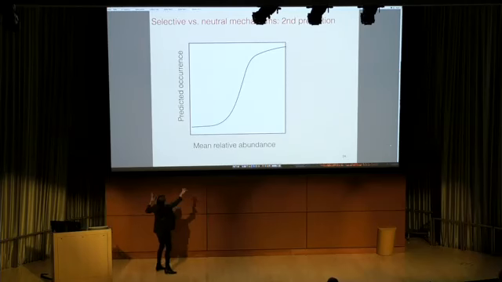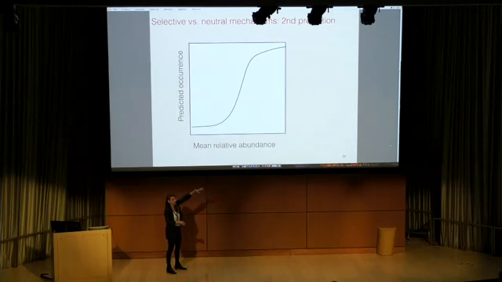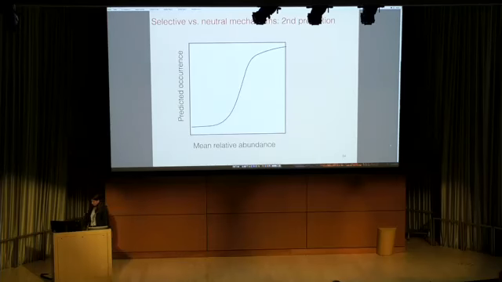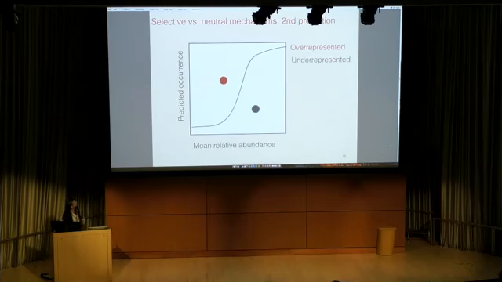Another expectation we might have if we compare neutral versus selective mechanisms is that the mean relative abundance of a microbe, if you have just neutral, will correspond to its predicted occurrence. So the more abundant the microbe is, the more flowers it will appear in. If you have something that's way above that, it's overrepresented and occurring more than you would expect by its relative abundance. And if you have something that's down there, it's underrepresented and somehow is being filtered out.